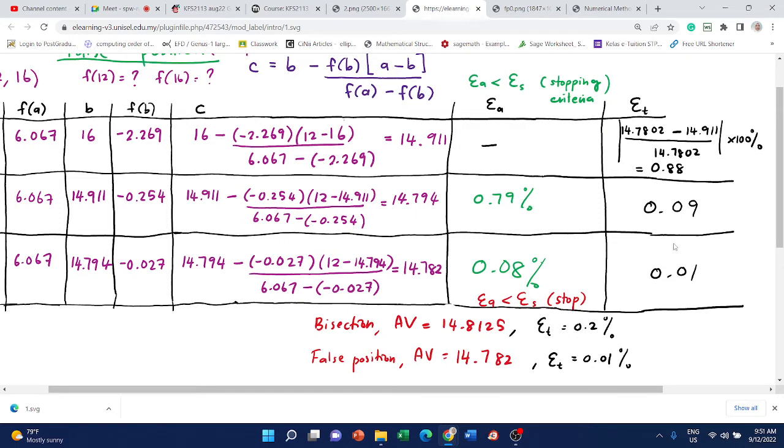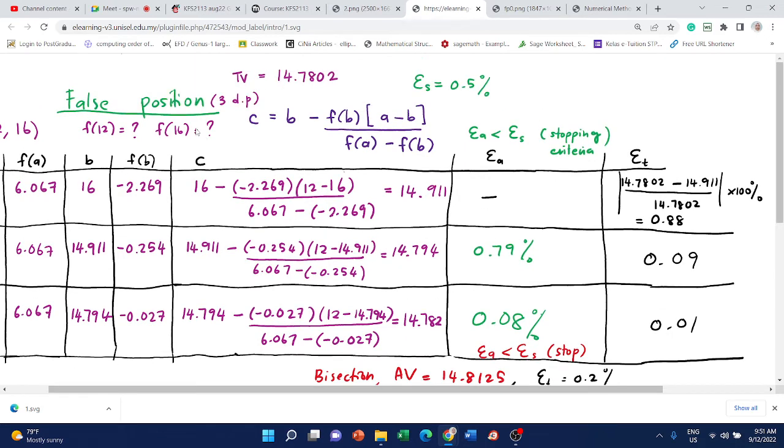On previous slides, for the bisection, the estimated error was 0.2%. Now how about the false position? We take the last iteration when C is 14.782, and the relative error is 0.01%.